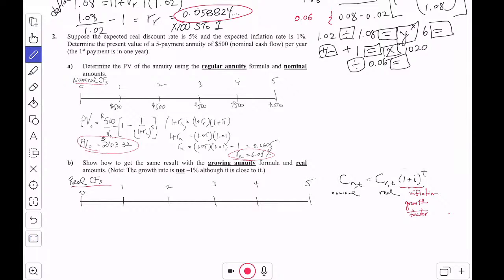Well, if I want the real amount, I have to deflate as many periods of inflation that transpired. So for the first amount, yes, very good, Miss Al.